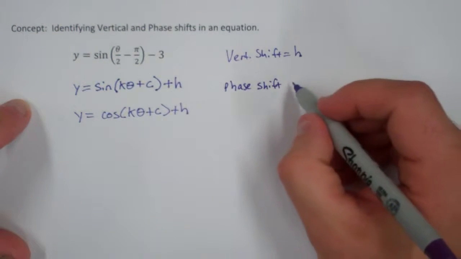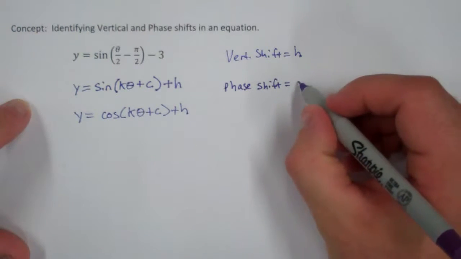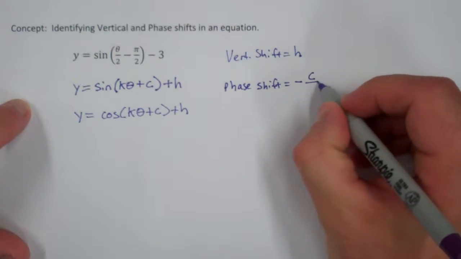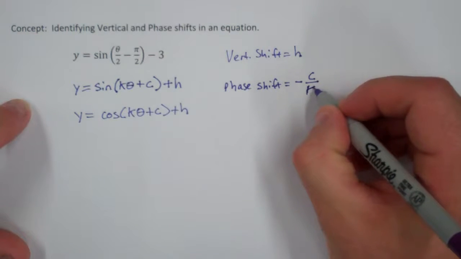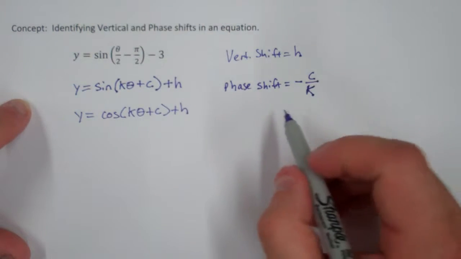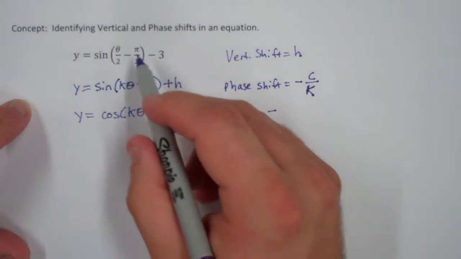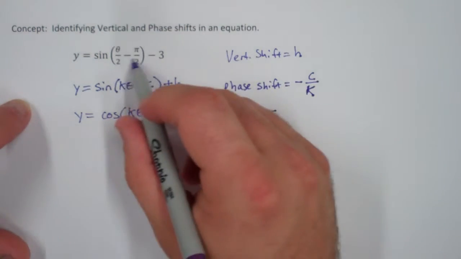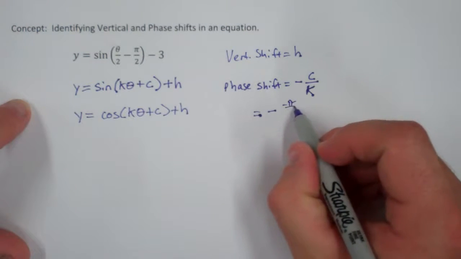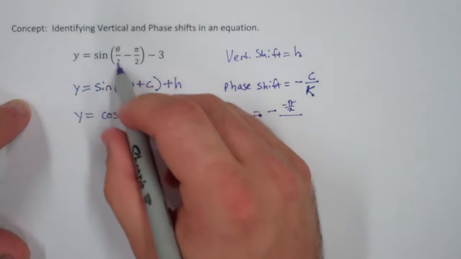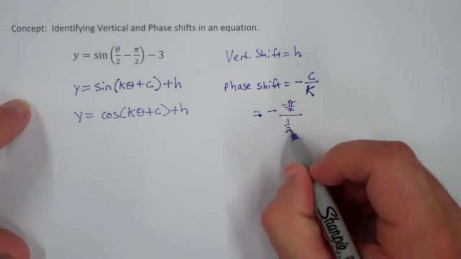The phase shift is the opposite of c over k. So for this one, c is here, so that's negative pi over 2, over 1/2, which is k.